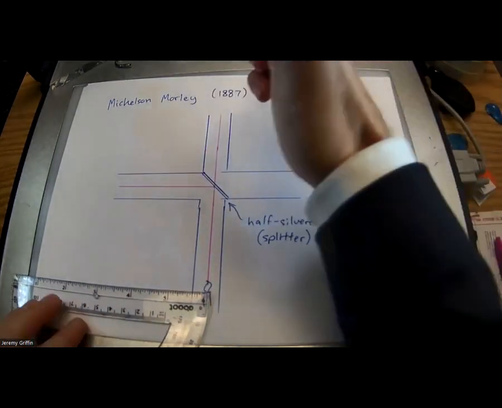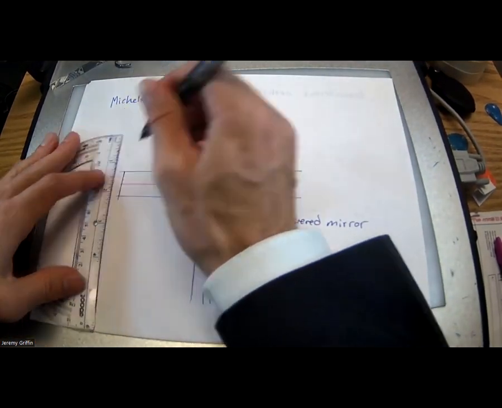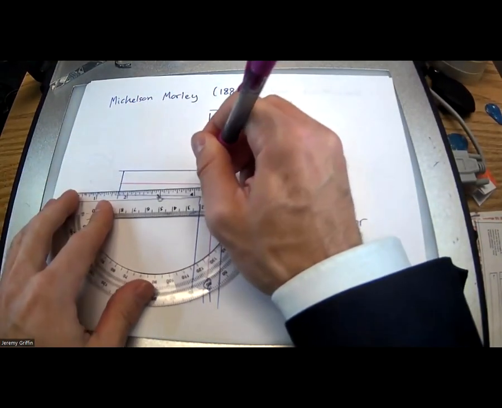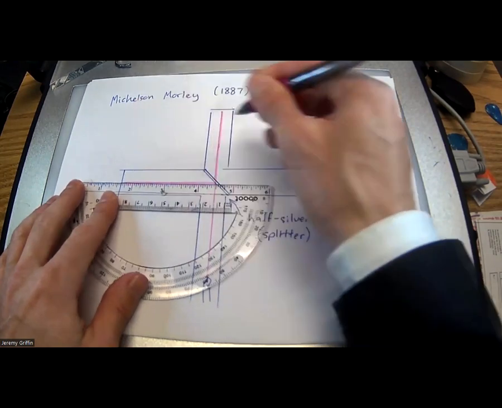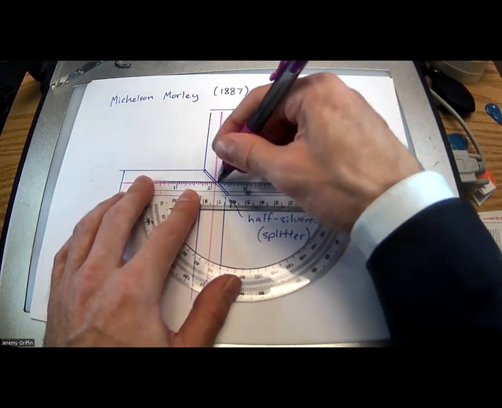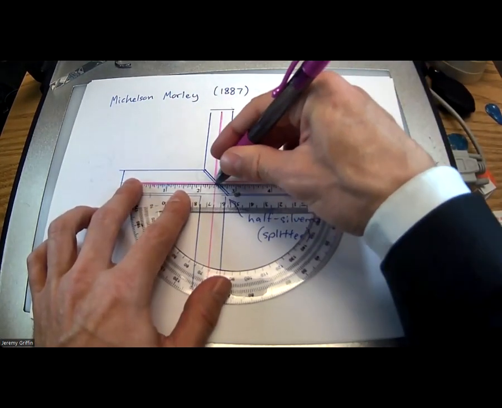But then you put a couple of mirrors at the end of these arms, and the light gets reflected back. Then part of this ray gets reflected 90 degrees this way, and half of this ray passes through.